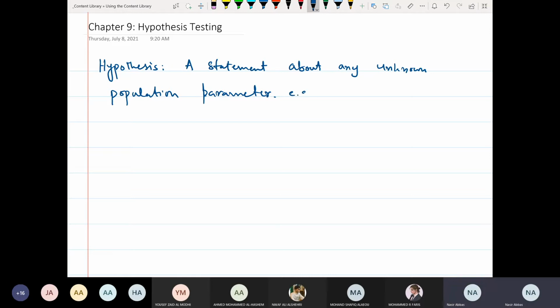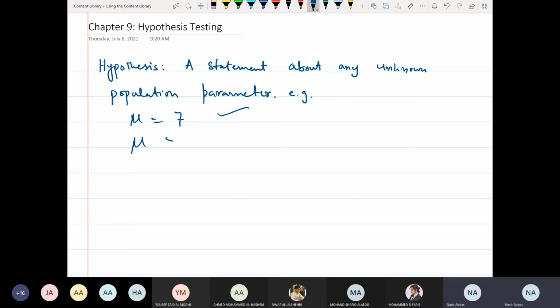For example, mu is 7. So that is an assumption about mu. We don't know what is mu. So giving a statement regarding mu, that is a hypothesis.